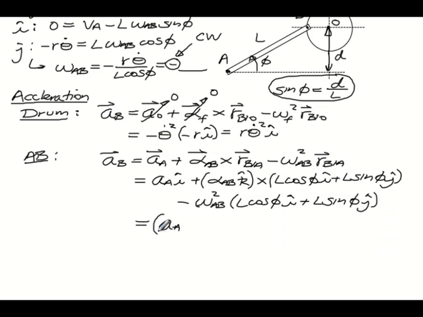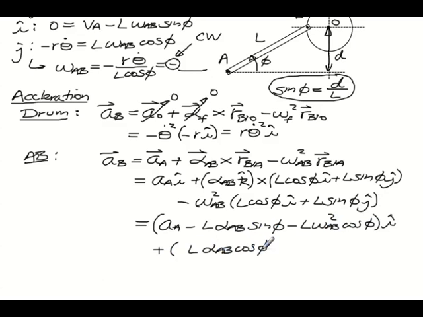The i components are going to be A sub A. k cross j we know is a minus i, so this is a minus L alpha AB sine phi minus L omega AB squared cosine phi. That's in the i. The j components are going to be L alpha AB cosine phi and a minus L omega AB squared times sine phi.